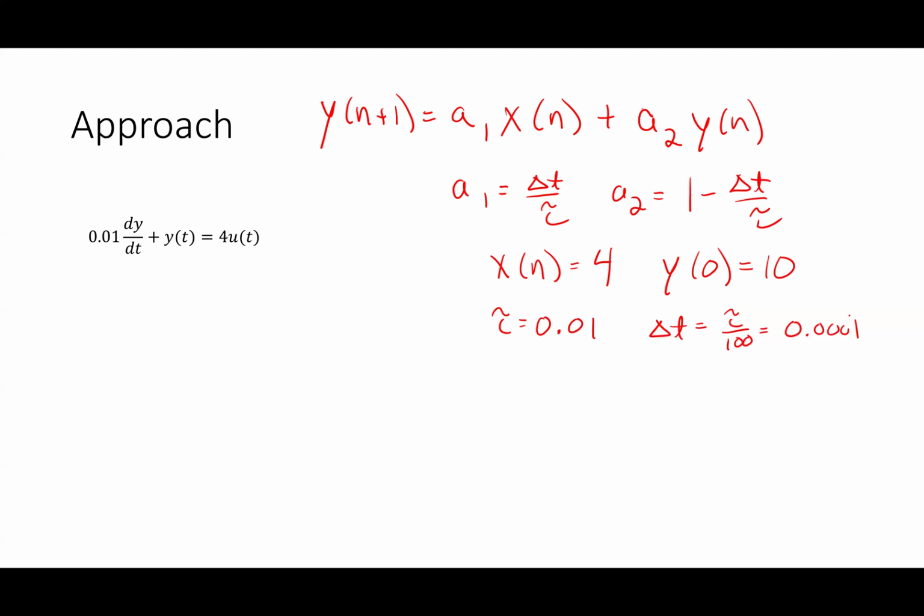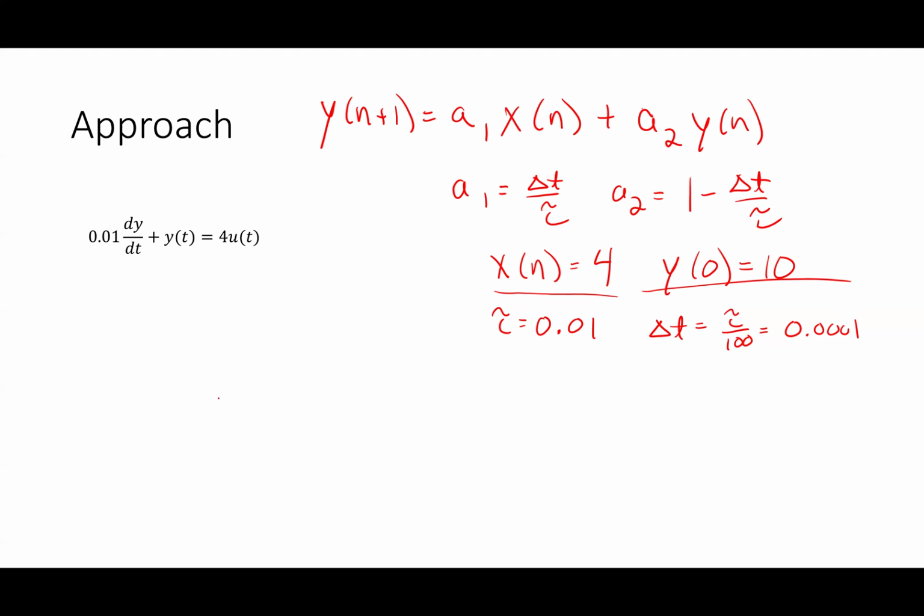Well, how would I do it for the first value? So x of n is 4, right? That was my input. And I know that y of 0 is equal to 10, the initial condition, right? So let's just think about this.